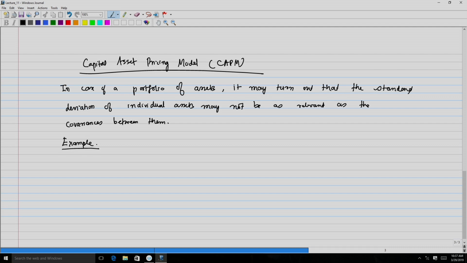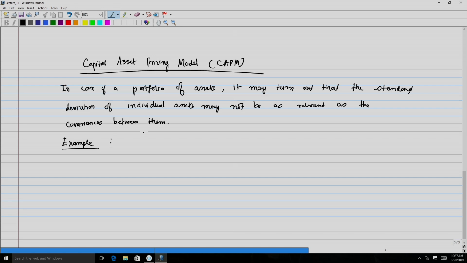What I mean by that is, the variances or the risk of the individual assets might have a lesser impact on the overall risk of the portfolio as compared to the collective behavior as given by the covariances between the returns of the assets. This is what we are going to illustrate through a very simplified example of a portfolio comprising n number of assets.